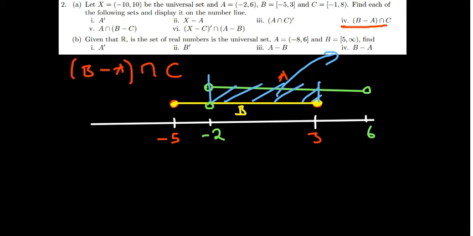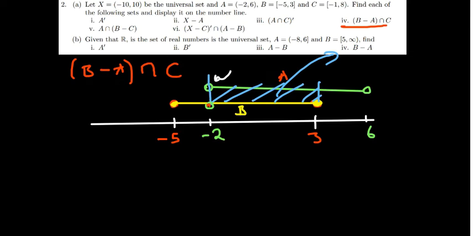Now the question is, will negative 2 be shaded or not? If you check your A there, at negative 2 it is not shaded, which implies that we are not taking away the negative 2 because it is not part of A. So it remains part of B. That's why you have to be smart now. Remember, you're doing the opposite.